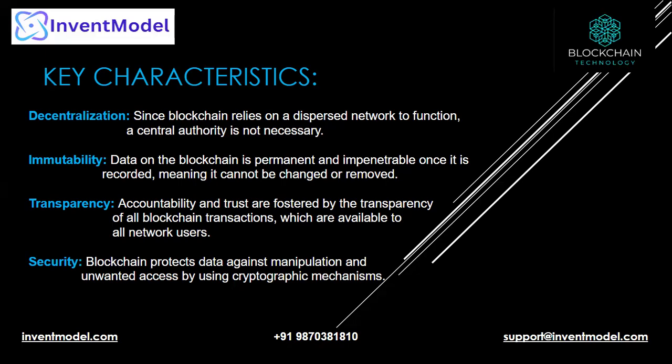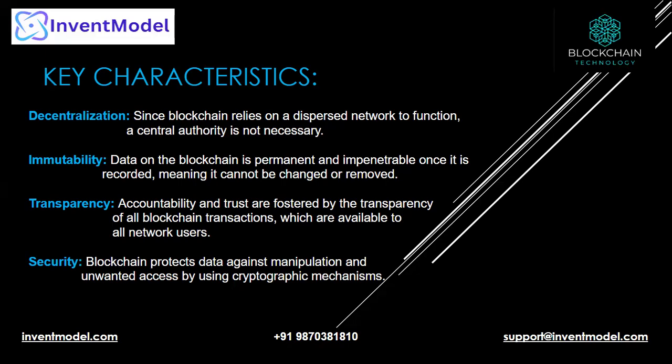Each node has a copy of the entire blockchain. They work together to validate a transaction. This decentralized nature reduces the risk of a single point of failure, ensures data integrity, and makes the system more reliable, and it saves from attack or malfunctioning of the data.